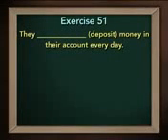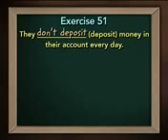Okay, in the exercise we will continue the use of both present and present continuous tenses, complete sentences. The point of this exercise is for you to complete the sentences with negative verb forms. For example, you'll see, "They blank deposit money in their account every day." Every day is a signal there, right? And you write, "They don't deposit money in their account every day."